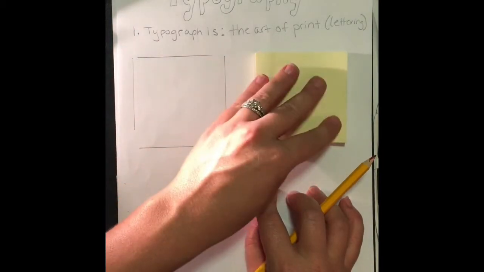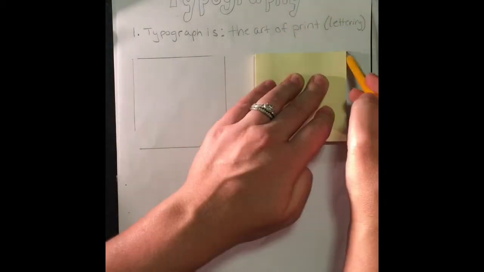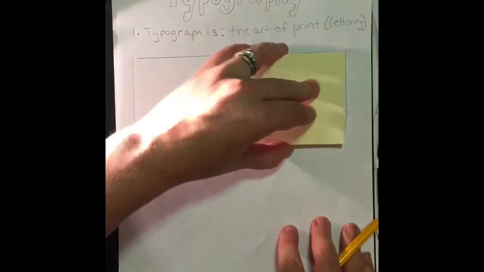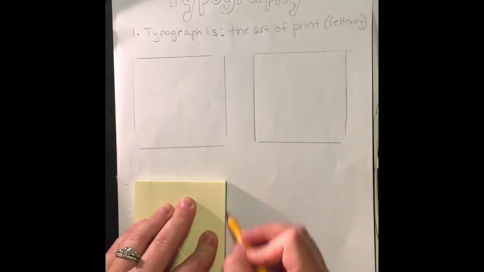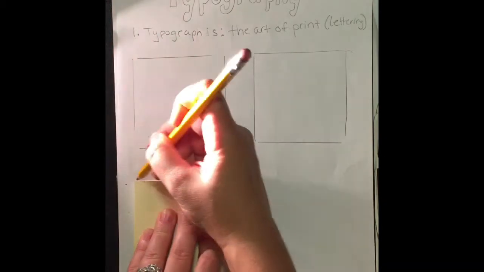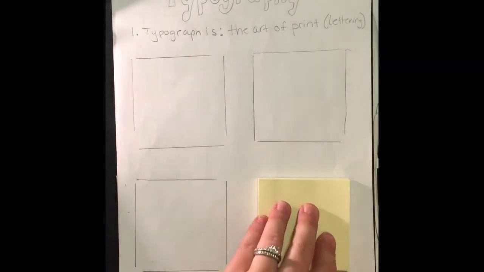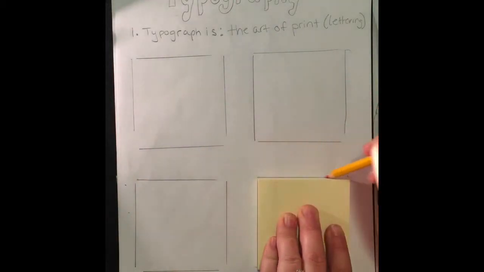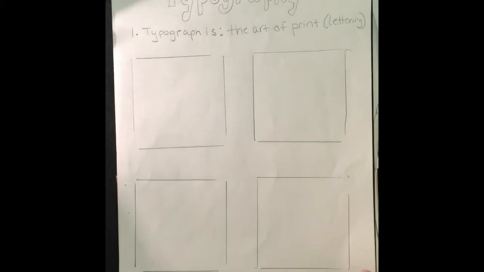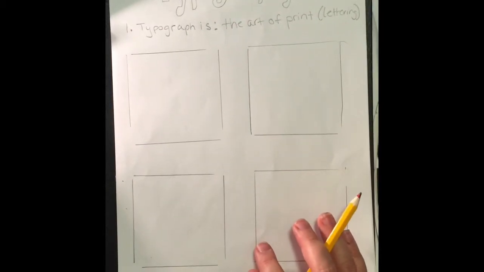It just needs to leave a little bit of space that you have to draw and write around these boxes. So we're doing 4 of them. Just like that.